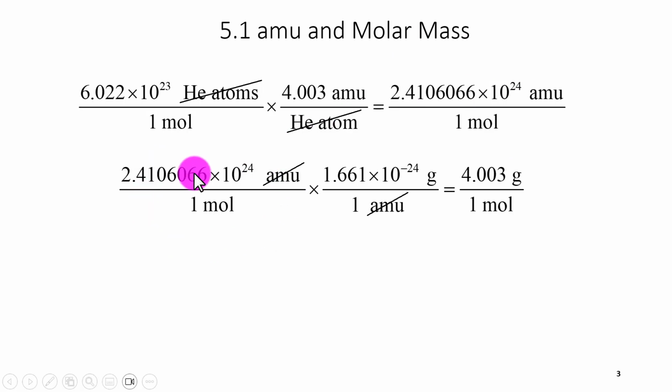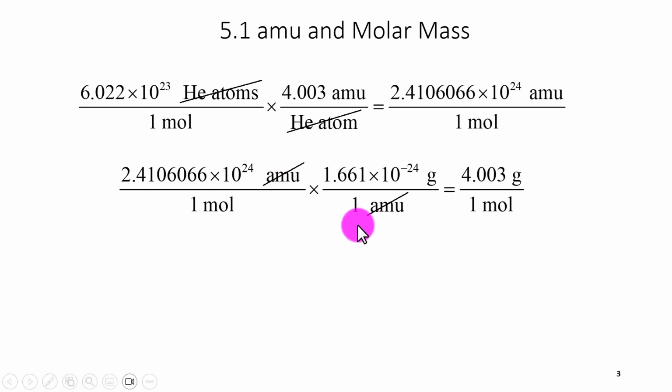And if I rewrite that down here, I multiply it by the mass of 1 AMU, so 1 AMU weighs 1.661 times 10 to the minus 24th grams. Now you can see why these are so tiny, because it's the mass of 1 atom. So I have AMU per mole multiplied by the mass in grams of 1 AMU.